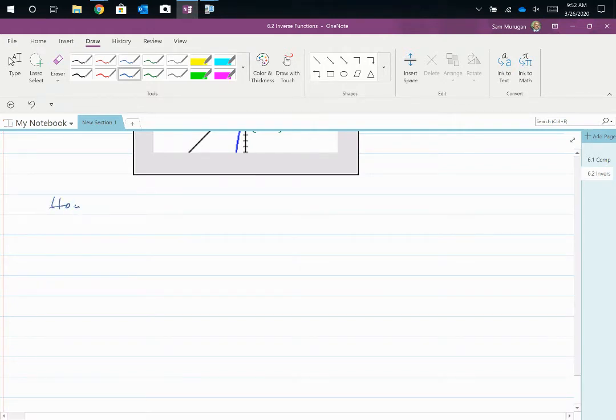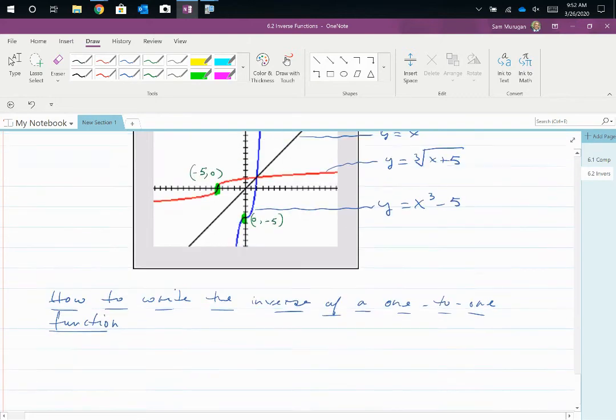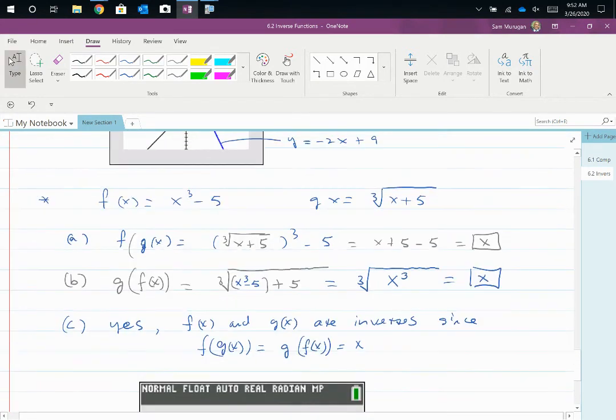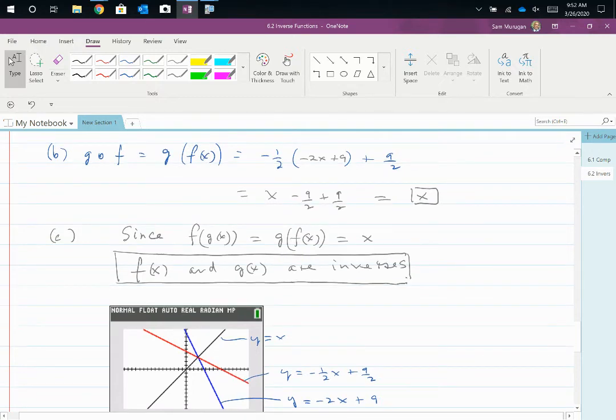Okay, how to write the inverse of a 1-to-1 function? By the way, notice that all of the functions that we've dealt with so far for the two examples here are 1-to-1.